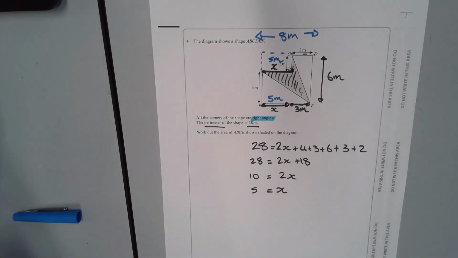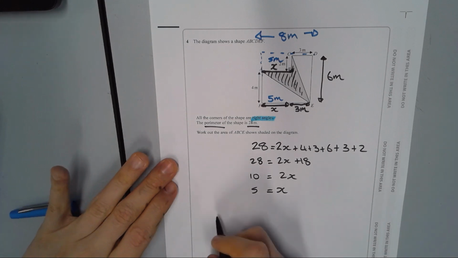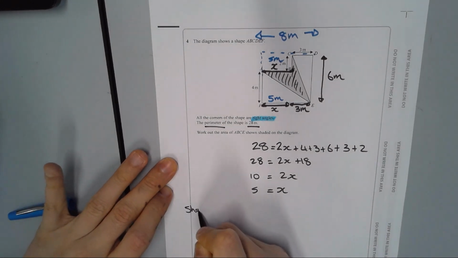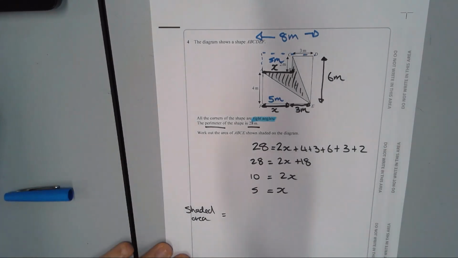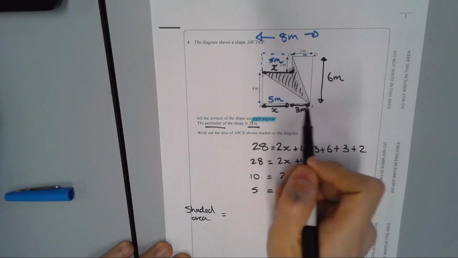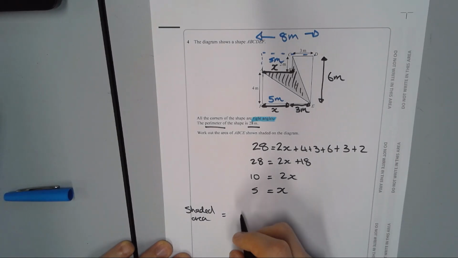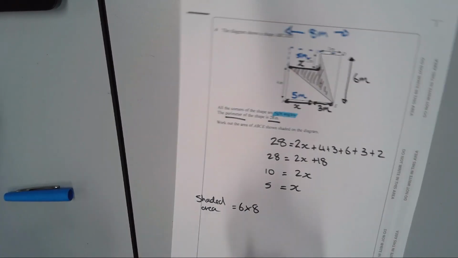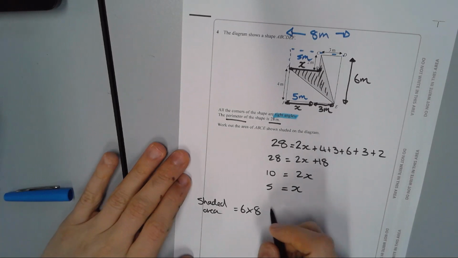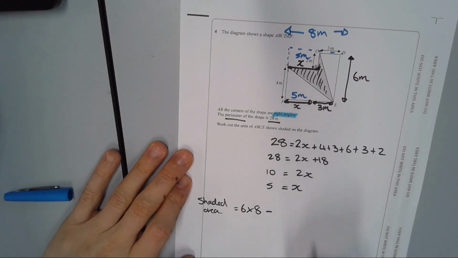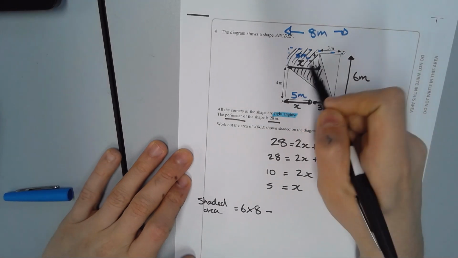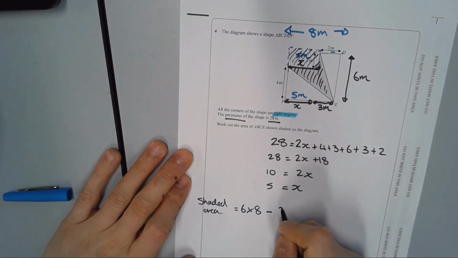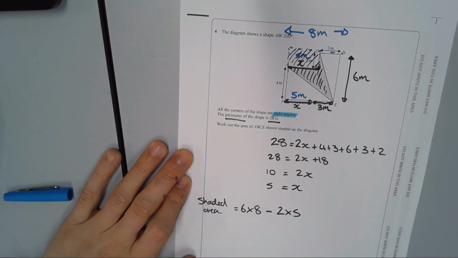Okay, so my calculation is going to be that the shaded area is equal to the full rectangle, so 6 times 8, or 8 times 6, and I'm going to subtract then, first of all, that rectangle there, so I'm subtracting 2 times 5. I'm going to write out my full calculation, and then I've got 2 triangles to subtract.